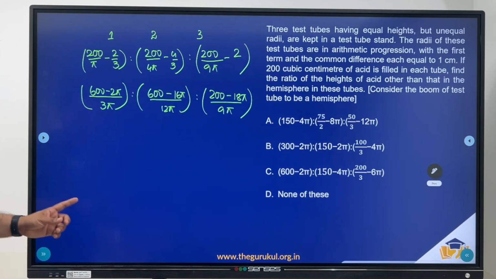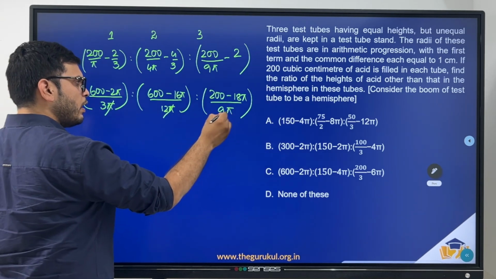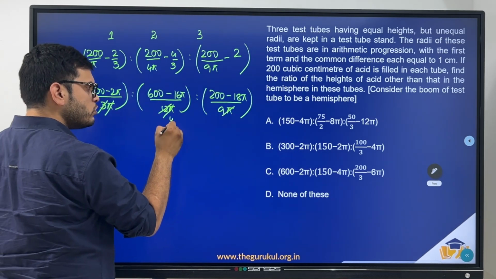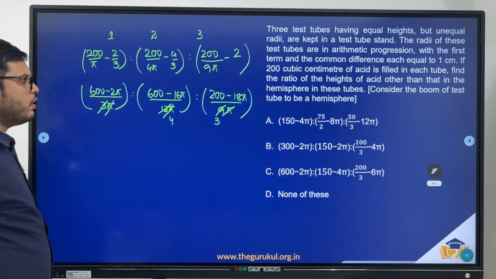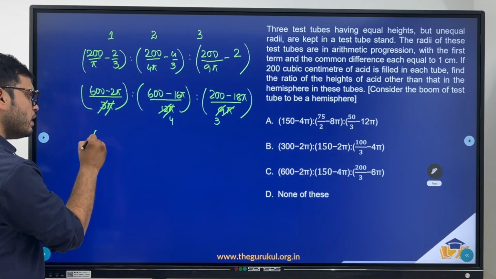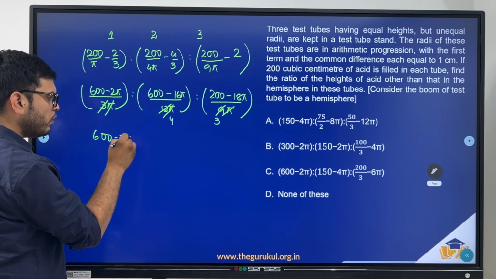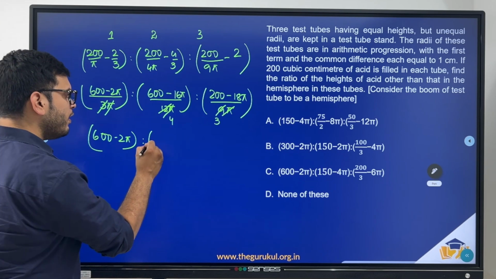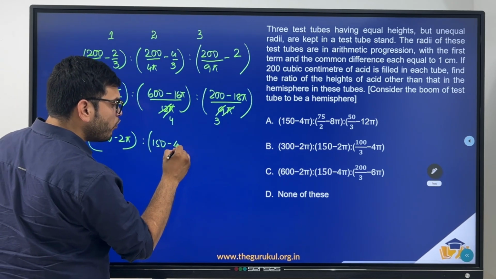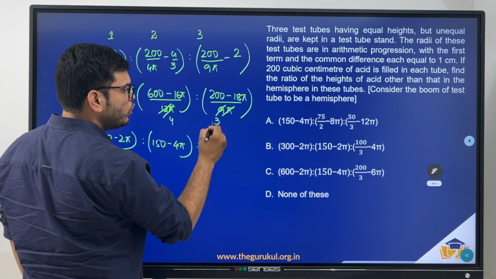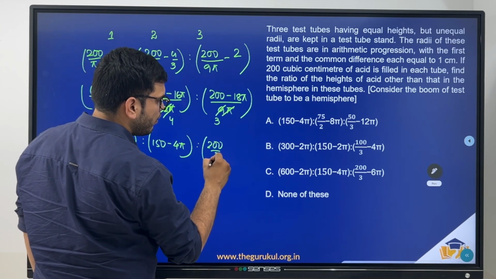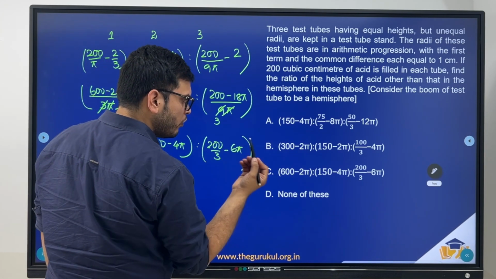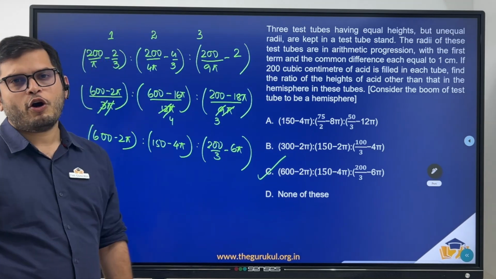Now I can cancel pi, and the 3 fours, 3 threes. So what do we have? 600 minus 2 pi is to 600 by 4, 150, 150 minus 4 pi is to 200 by 3 minus 6 pi. So the answer for this question should be option.